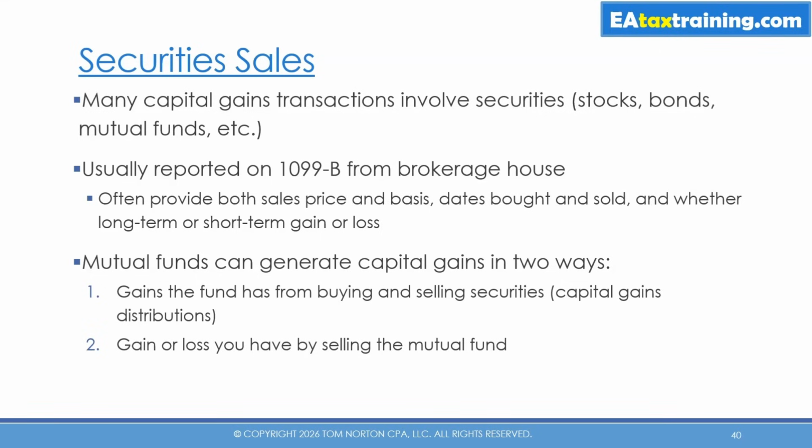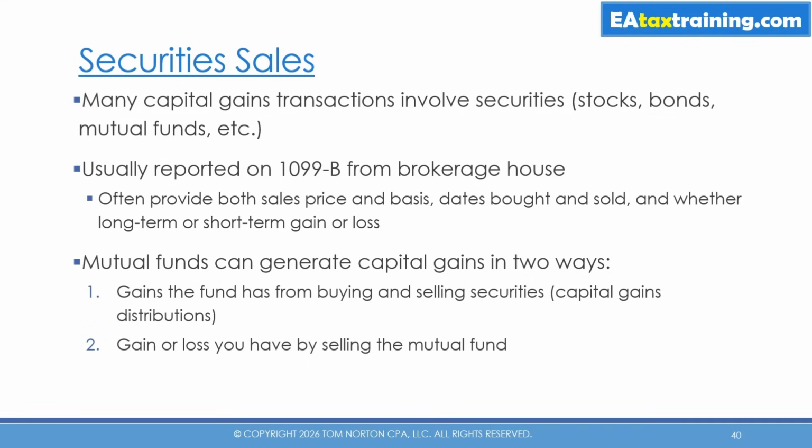They buy stocks and bonds, etc. Not only are they buying stocks and bonds, likely they are selling stocks and bonds too. So they are buying and they are selling. So there are going to be capital gains and losses generated from that activity.